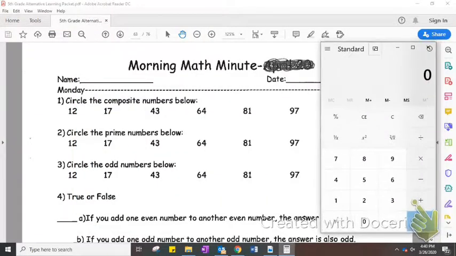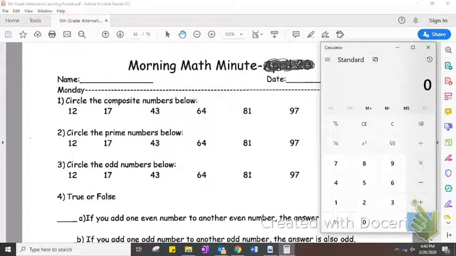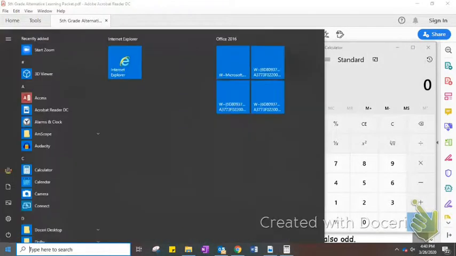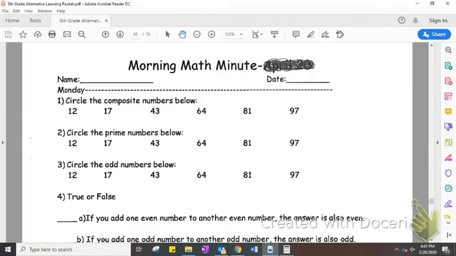Okay, so it says circle the composite numbers below. Alright, so I'm going to go ahead and circle the even numbers because the even numbers are divisible by 2.